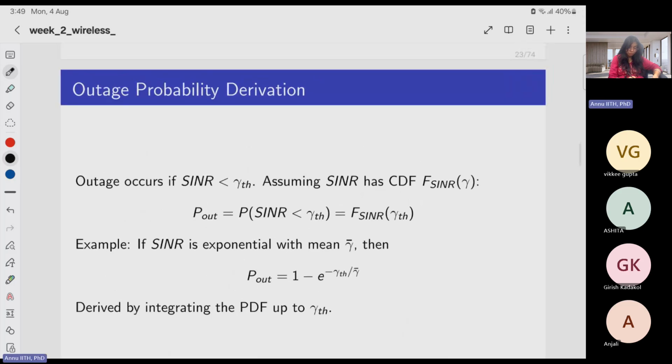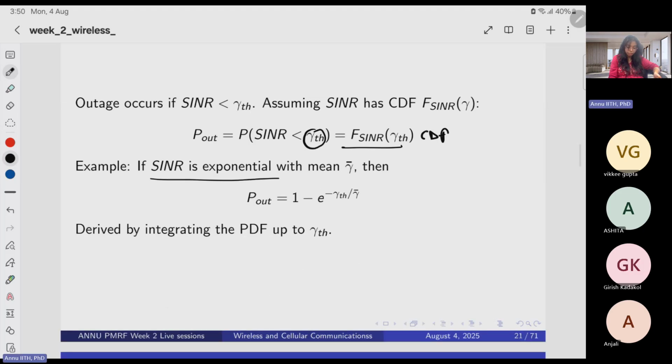Outage probability distribution derivation: the outage occurs when the SNR goes below some threshold. If the SNR has the CDF F of SNR, then the probability of outage is the probability that the SNR is less than the threshold, and that is the CDF.